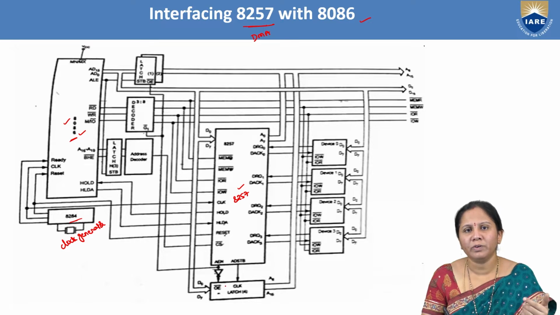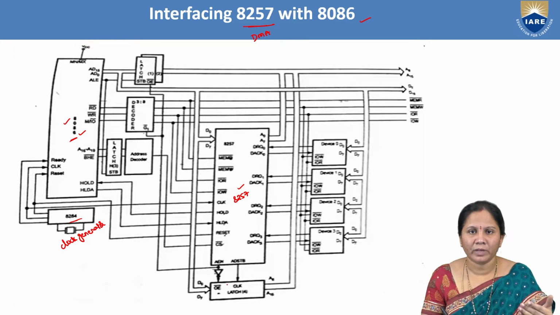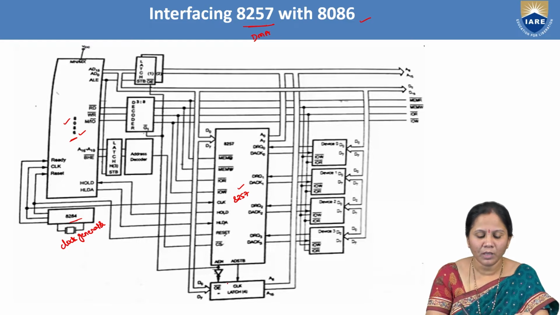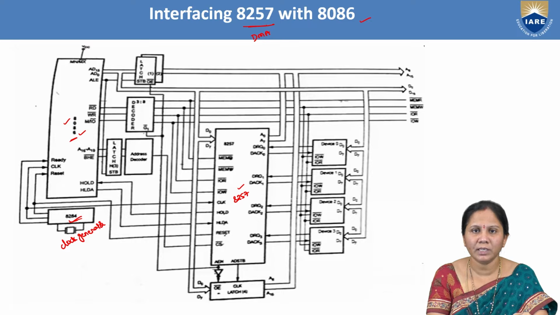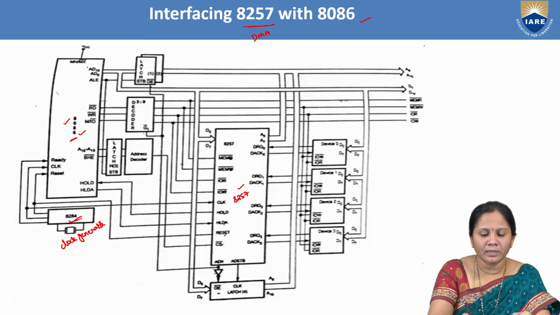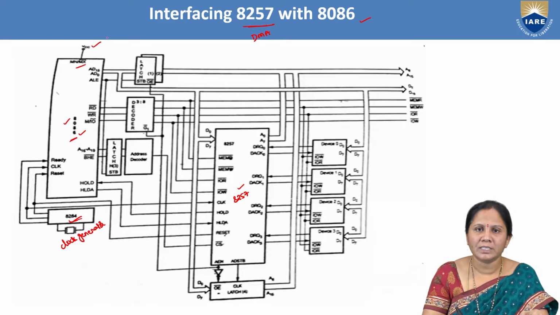And we know the clock frequency, based on the version of 8086 microprocessor, may be 5 MHz, 8 MHz and 10 MHz. So the clock frequency will be generated by this 8284 IC which is called clock generator. And here this MN by MX bar signal is connected to VCC.